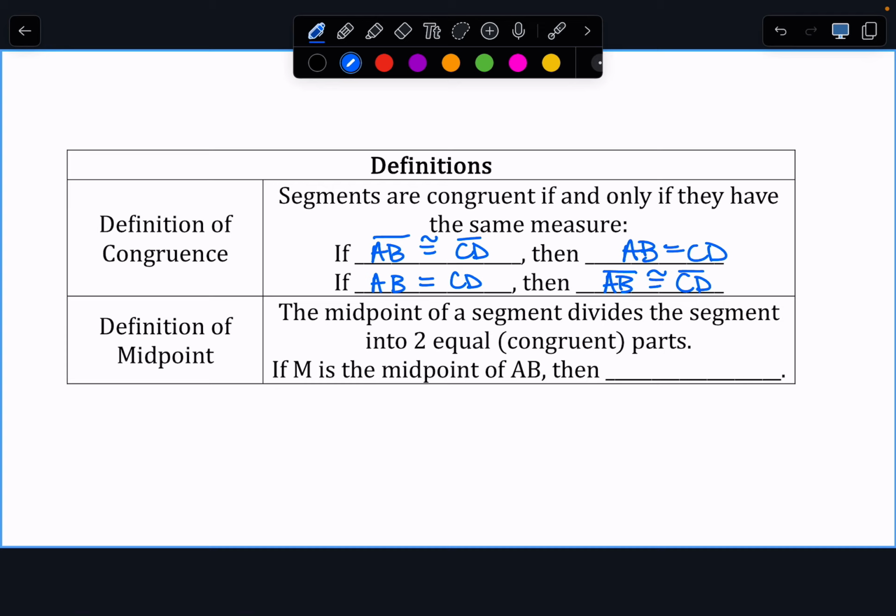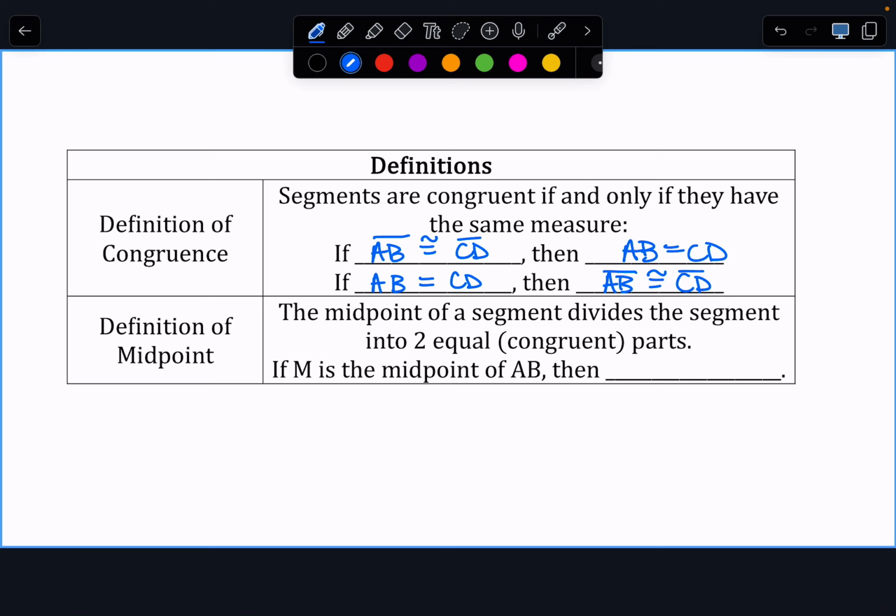Okay. Now, let's rediscuss the difference between when there's a hat and when there's not a hat. When there's not a hat for the segment, what are we referring to specifically, Jack? Okay. What is its actual measure? You know how we put the M in front of the angle? It's like the M for the segment, but we don't write the M. When there's no hat, we're talking about the measure, how long it is.